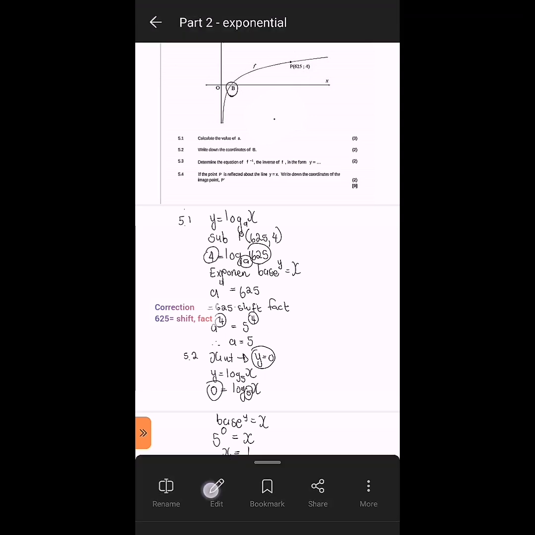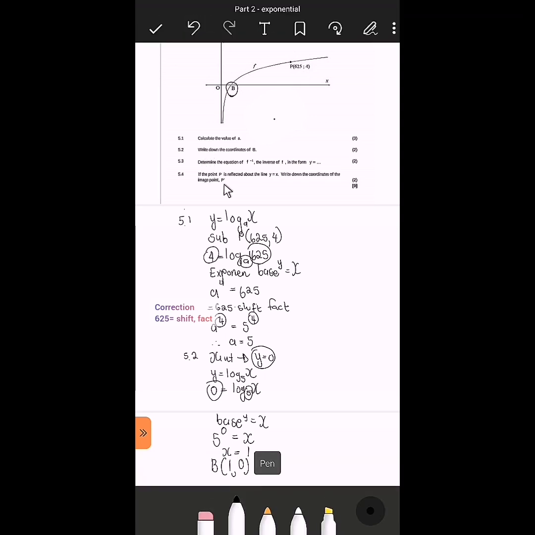Next, we're going to look at 5.3, which asks, determine the equation of f to the power of -1, the inverse of f, in the form y equals. Okay, so the original equation is f(x) equals log base 5 of x.